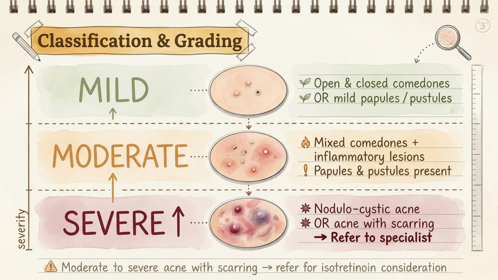Now, for both nodulocystic acne and acne with scarring, referral to a suitably trained doctor for consideration of isotretinoin is necessary. We will come back to this in the referral criteria slide. Grade carefully, grade accurately. It changes everything about the management plan.